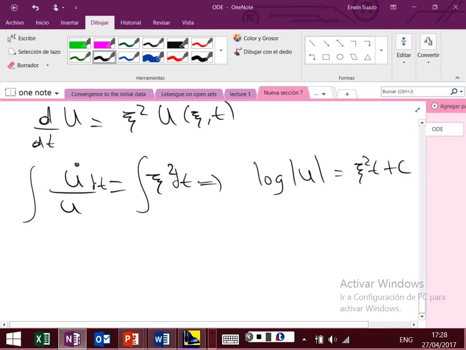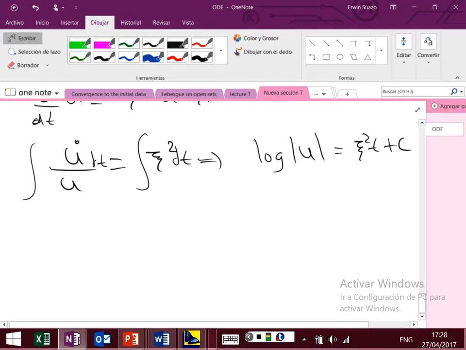Just integration. Now you take the exponential on both sides, and you get the absolute value of u, and then e to the minus theta squared t.